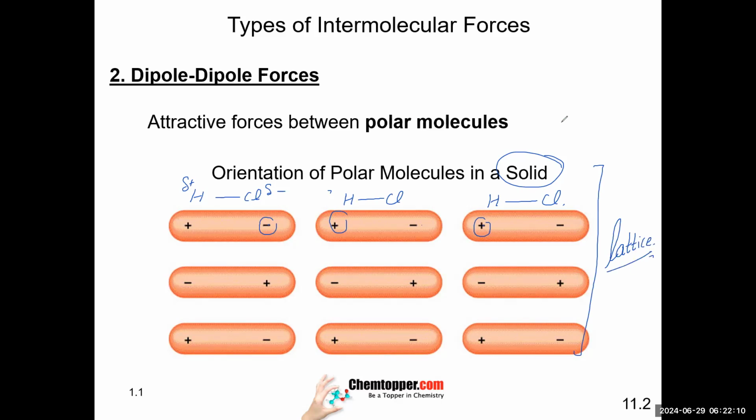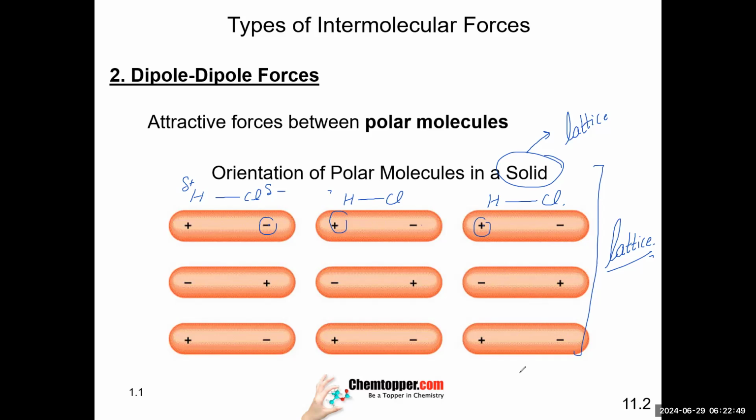Every solid, except a few, has a lattice. So what's the name of this lattice? Molecular lattice, because these are molecules. What kind of attractive forces are there in this lattice? Dipole-dipole. Like we have one covalent network lattice. What was that? Diamond, graphite, strongest. Very high temperature is needed to break them apart, because there you have to break the bonds in diamond and graphite.